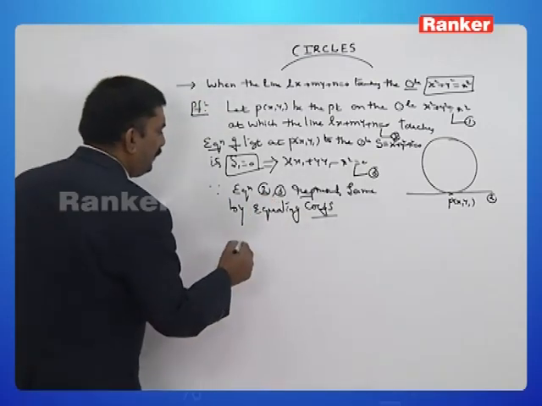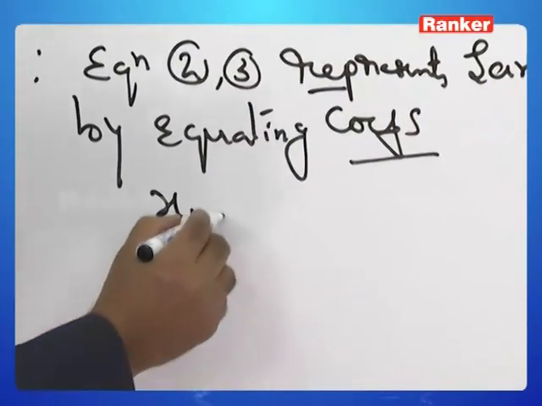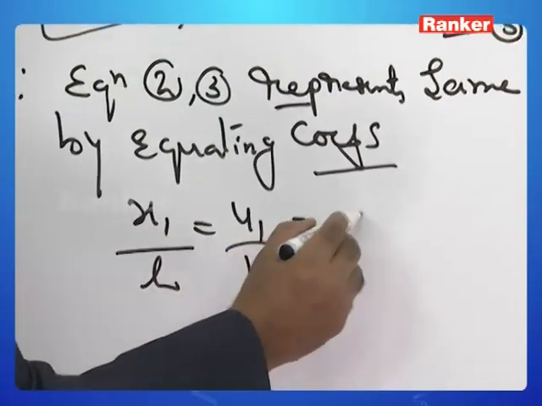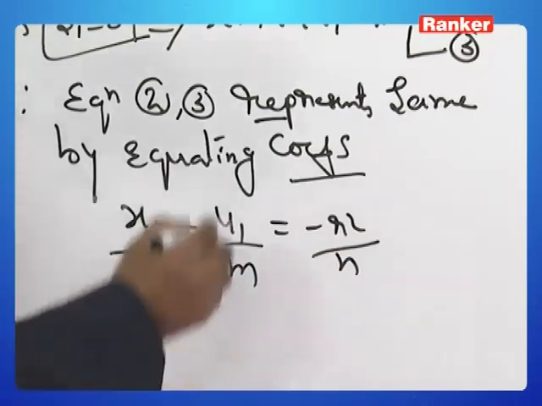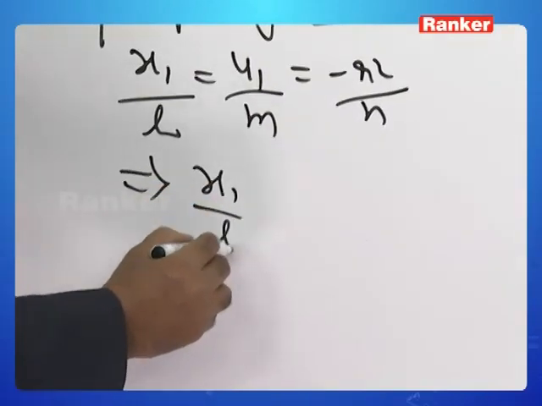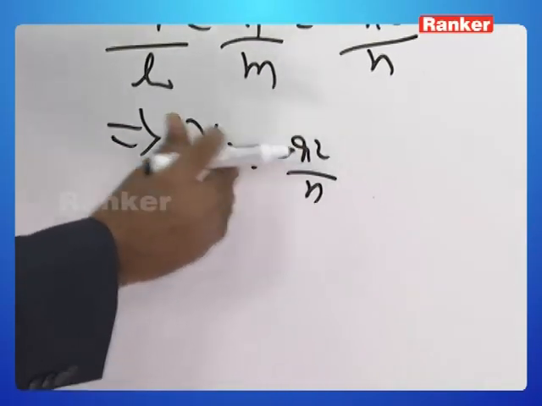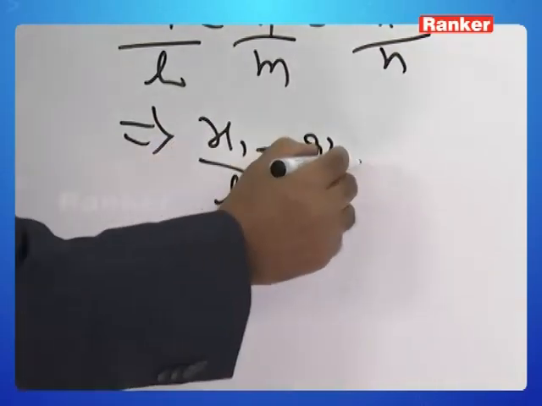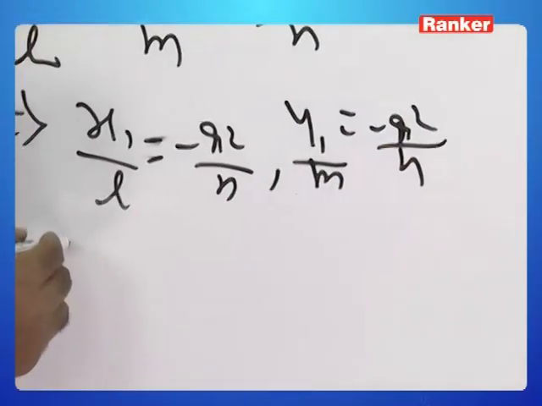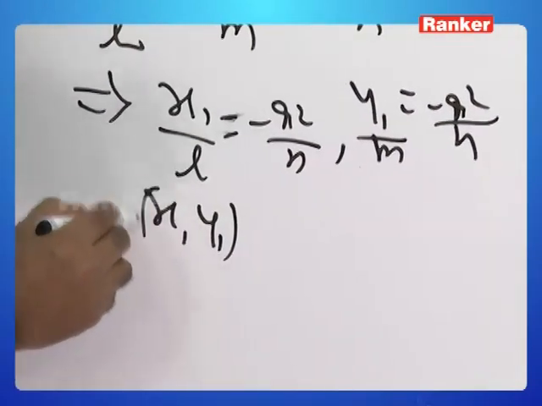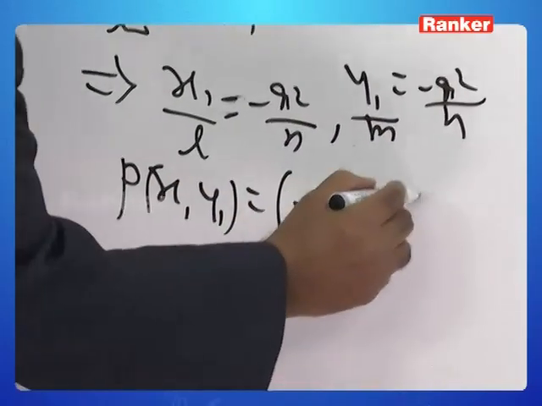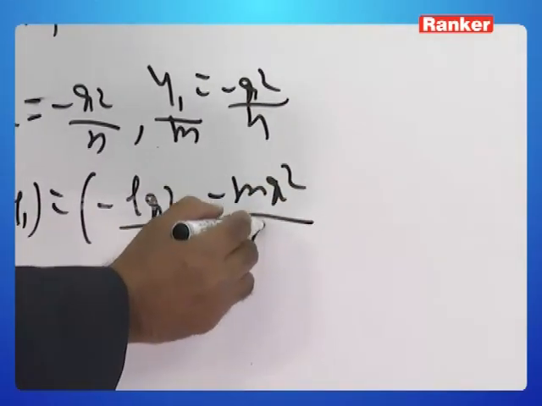So therefore x1 by L, y1 by m is equal to minus r square by n. Now you cross multiply. This becomes x1 by L is equal to minus r square by n, y1 by m is equal to minus r square by n. So therefore now I can write P of x1 comma y1 as minus L r square by n, minus m r square by n.